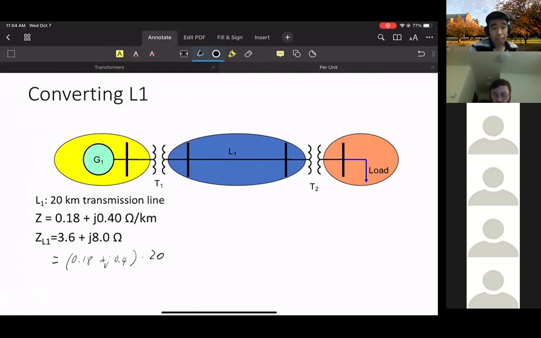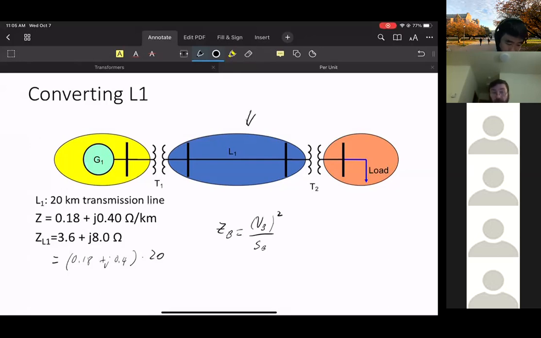So this gives us the total impedance on the line. Fairly easy calculation. Then I need to convert this to per unit. The equation we use is VB squared over SB.